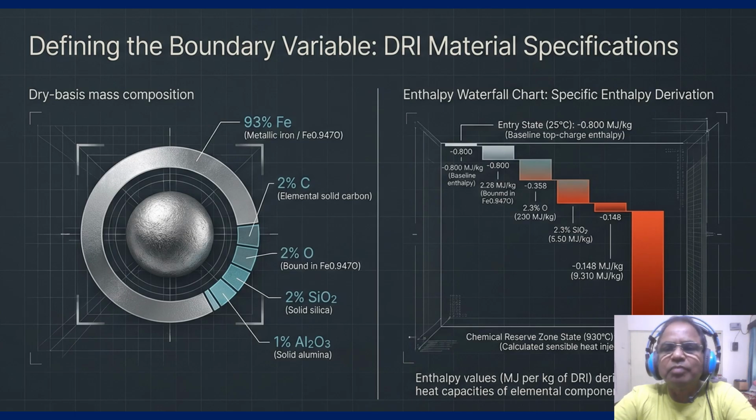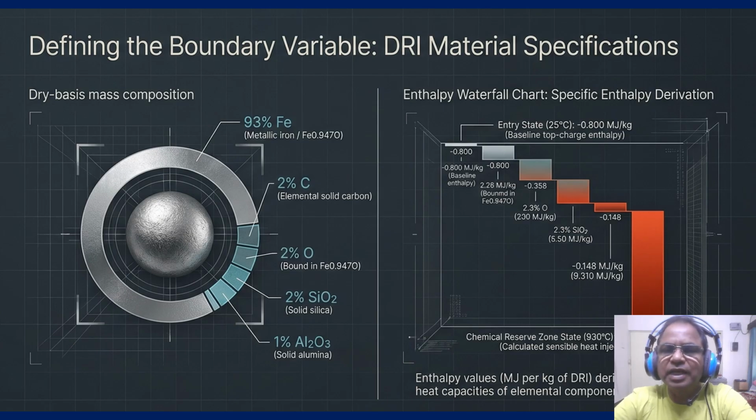These are not just numbers, they represent the sensible heat injection we are introducing into the bottom segment. By precisely calculating this enthalpy, we can determine the exact so-what factor: how much thermal energy we are effectively stealing from the ascending gas to prepare the burden for the hearth.